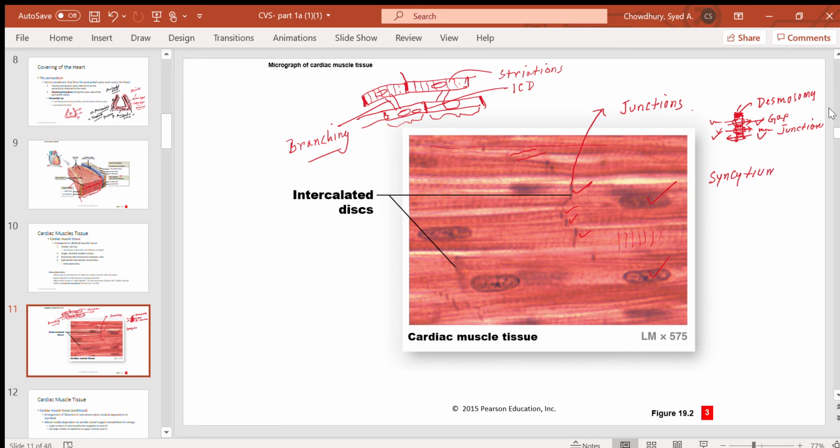The term syncytium means whole, together, or a single unit, whole unit. That means all muscle fibers can work together because of these two types of junctions in the intercalated disc. Make sense? Which is very important because you know that all cardiac muscle fibers must contract and respond together to cause forceful contraction.